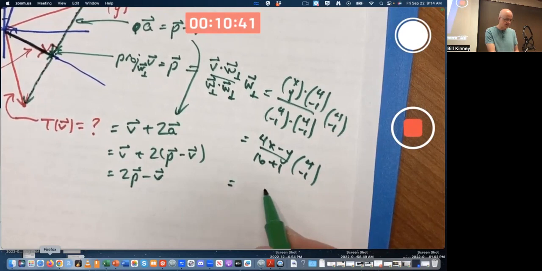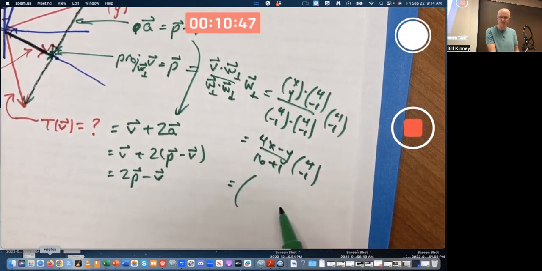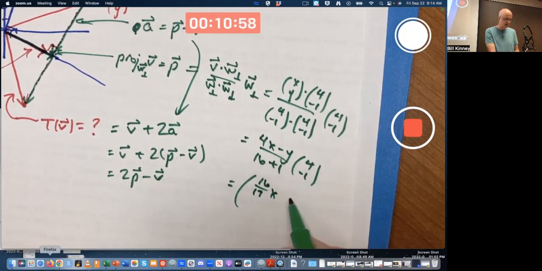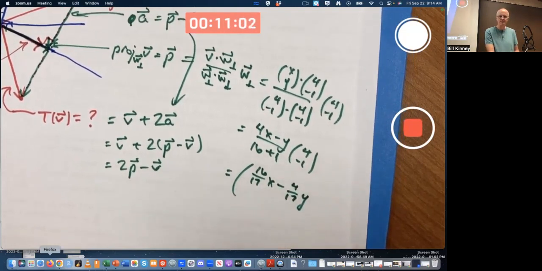Looks like you get, let's see. Simplify this here. 4x over 17 times 4 would be 16x over 17. 16 17ths x. And then we got a minus y over 17 times 4 would be minus 4 over 17 y. Double check my work here.